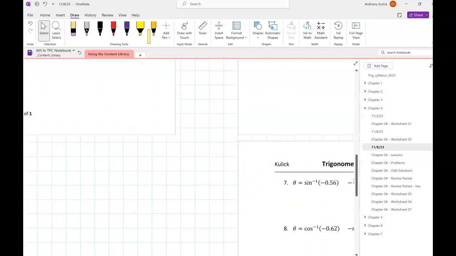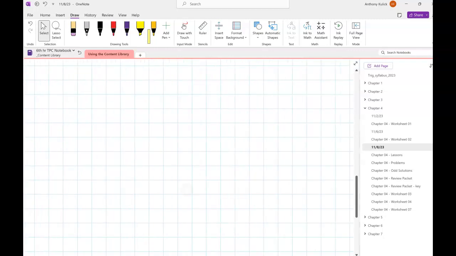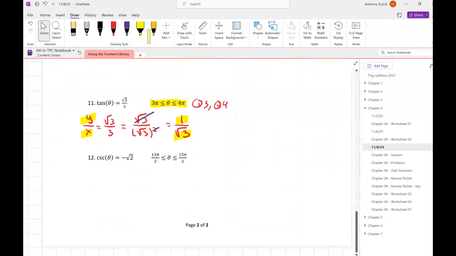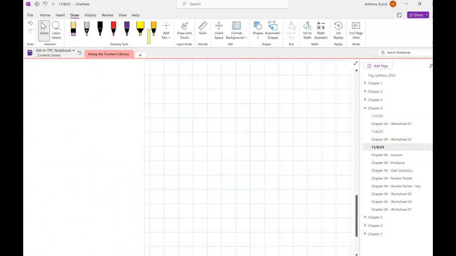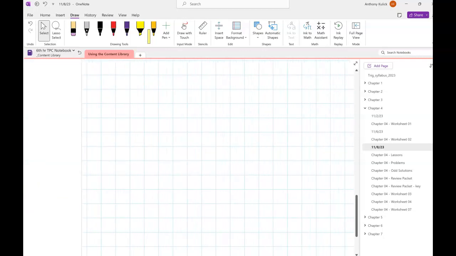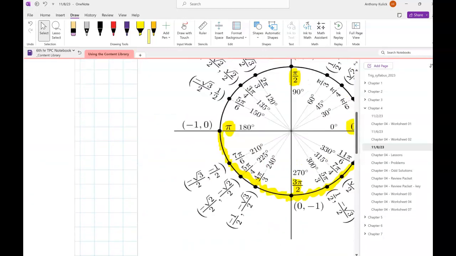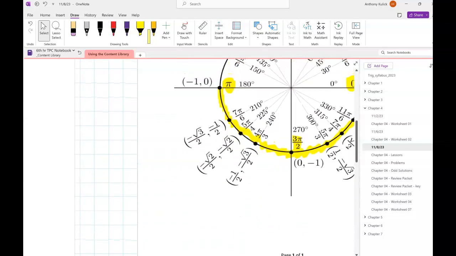But I do see places where the numerator on the x-coordinate is a square root of 3, and the numerator on the y-coordinate is a 1. So I notice that in those locations, the denominator for both x and y is the same.